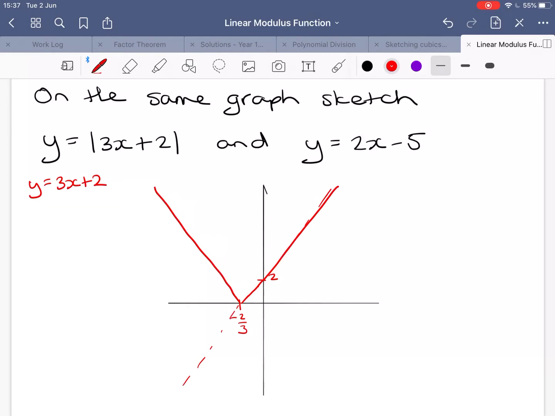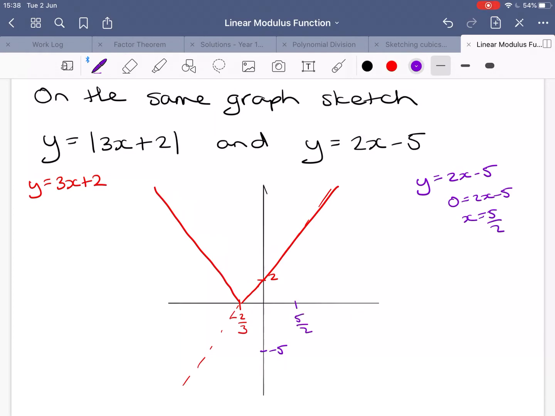Now then, let's look at the purple line, y equals 2x minus 5. So it's going to cross at minus 5. Where's it going to cross the x-axis? Well, on the x-axis y equals 0, so you have 0 equals 2x minus 5. So it's going to be when x is 5/2, which is there.